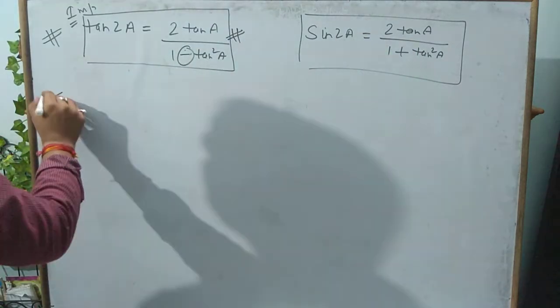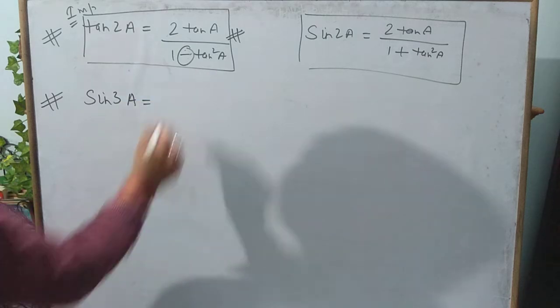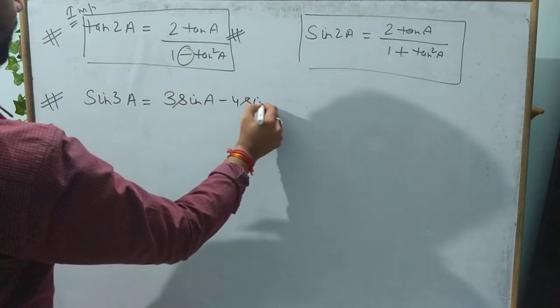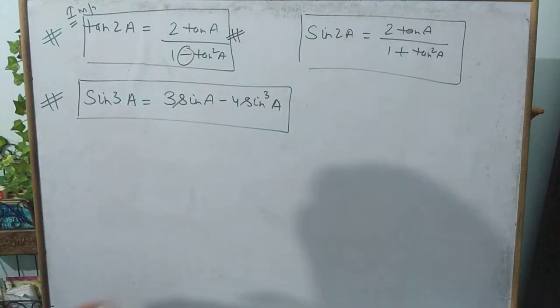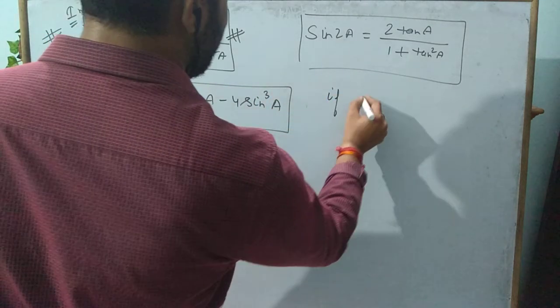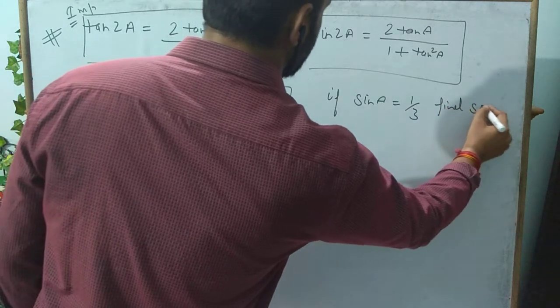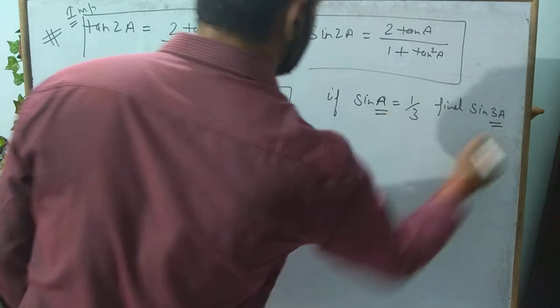After that, there is the formula of sin 3A: 3 sin A minus 4 sin cube A. So if the question says, if sine A is 1 by 3, find sine 3A. Please see, the angle A is given and the question asks sine 3A.